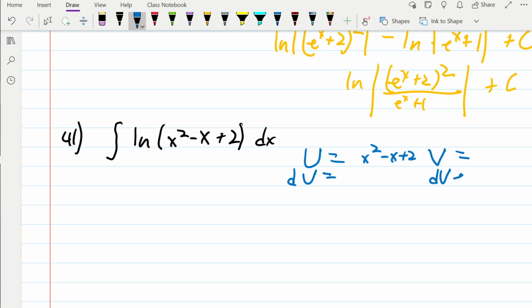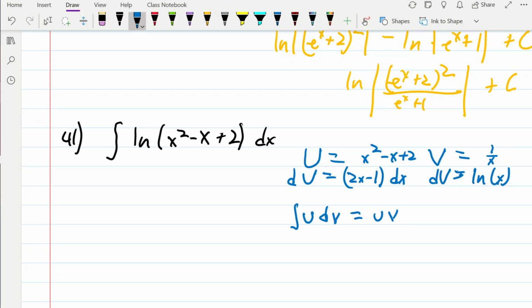And then we can set dv equal to ln of x. Because when we integrate that, we get 1 over x, and when we take the derivative of this, we get 2x minus 1 dx.